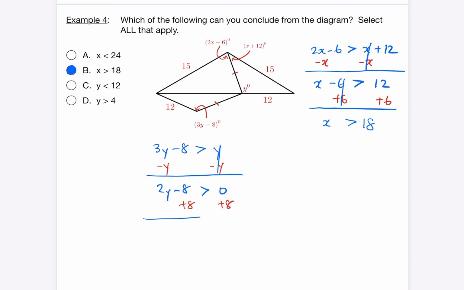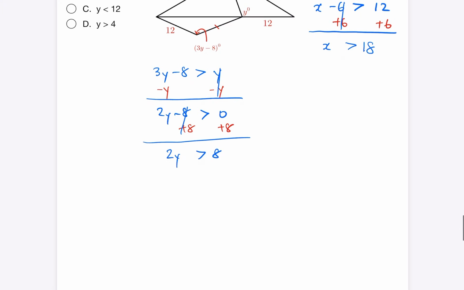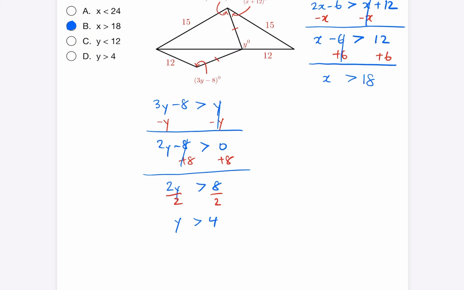The result is these cancel out, and we get 2y is greater than 8. Okay? And then lastly, we're going to isolate this y by dividing 2 on both sides. And when we do, we see that y is greater than 4. All right? And looking at the multiple choice here, we see that y is also greater than 4 here, so we're going to go ahead and select letter D.